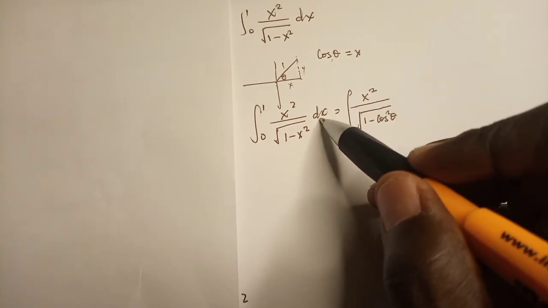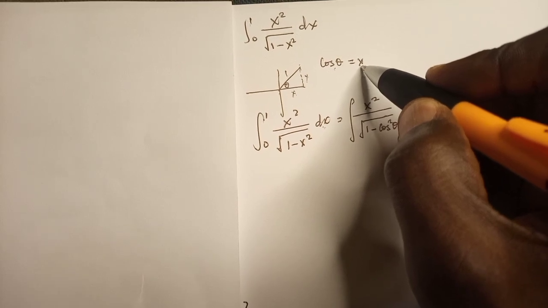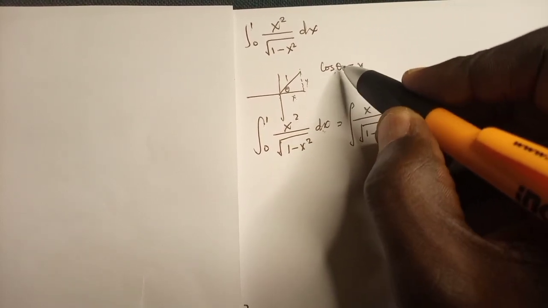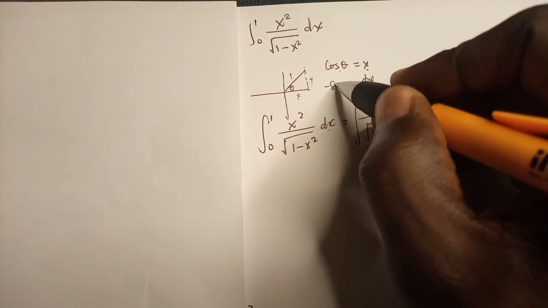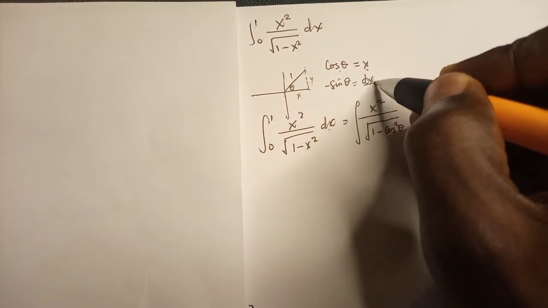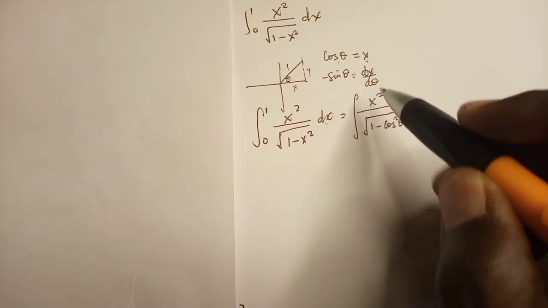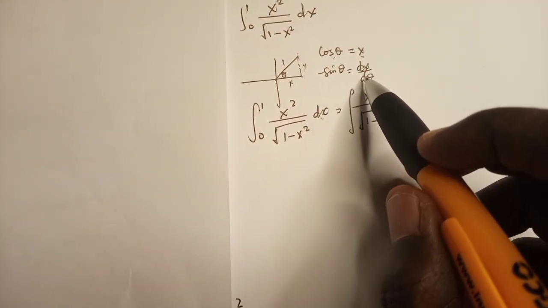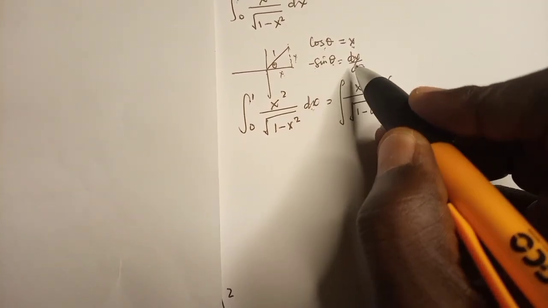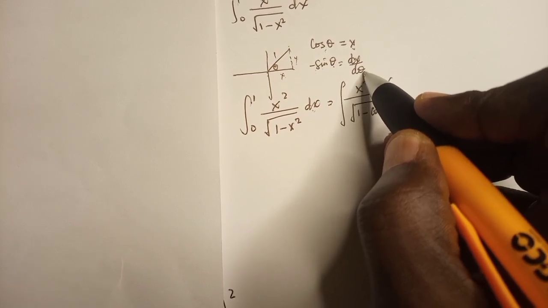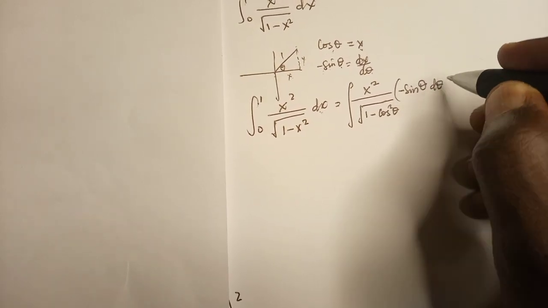Now the dx, we can also change the dx as well by differentiating this. When you differentiate cos theta, you get negative sine theta, so dx equals negative sine theta d theta, in terms of theta.